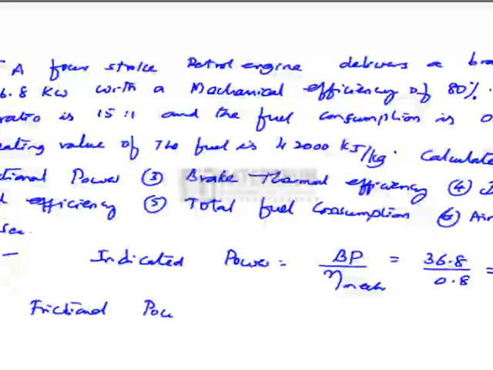Frictional power FP is equal to IP minus BP, that is 46 minus 36.8, 9.2 kilowatts.